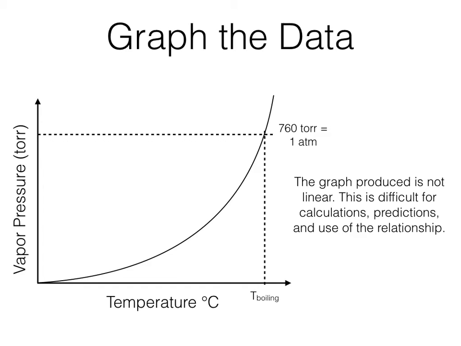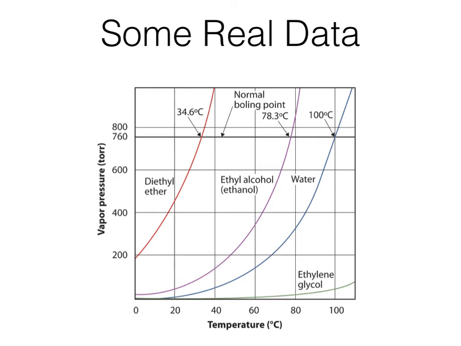These nonlinear graphs are really difficult for calculations and predictions and using the relationship. And just to prove to you that my made-up data and the relationships that I went over are actually real, here's some actual data.